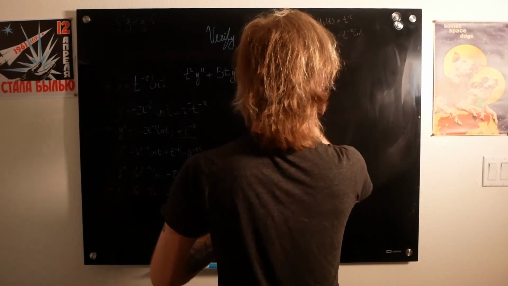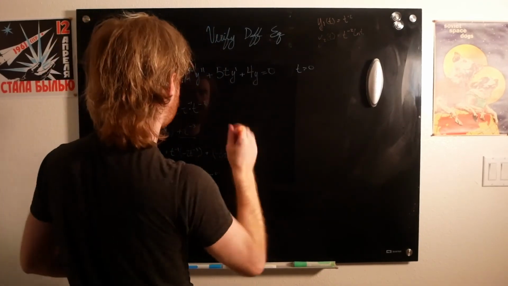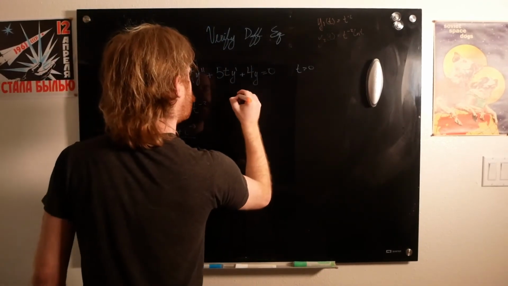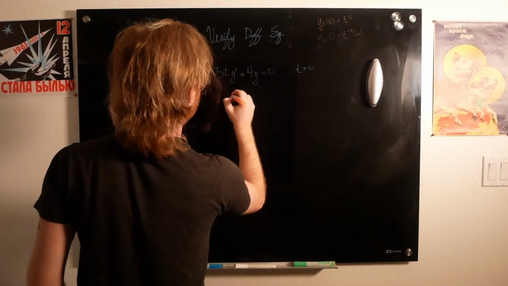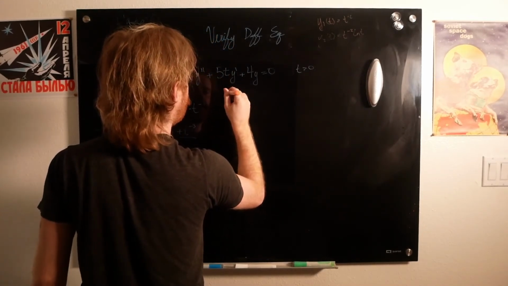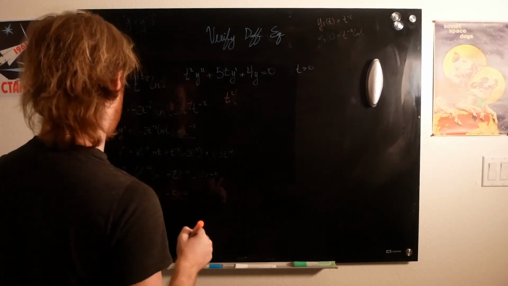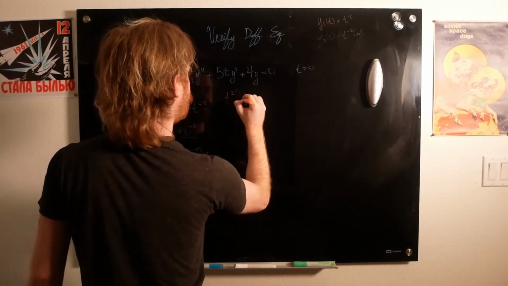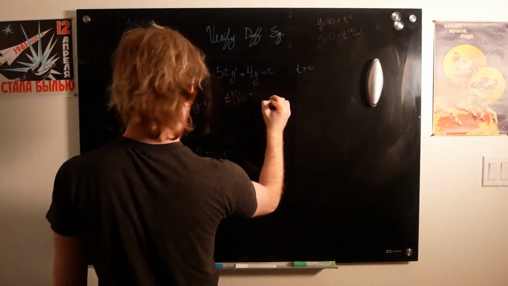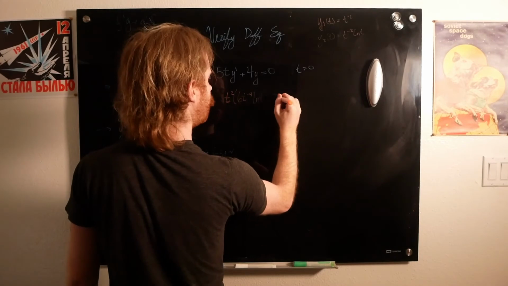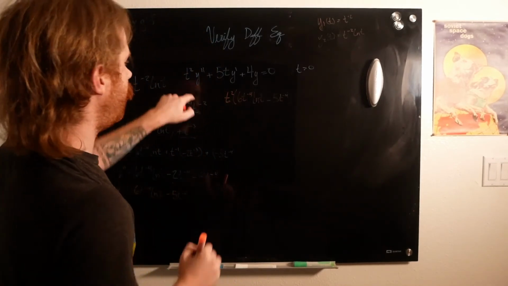Okay, so start with this. So t squared times y double prime. So 6t to the negative fourth ln of t minus 5t to the negative fourth. So that's just this part right here.